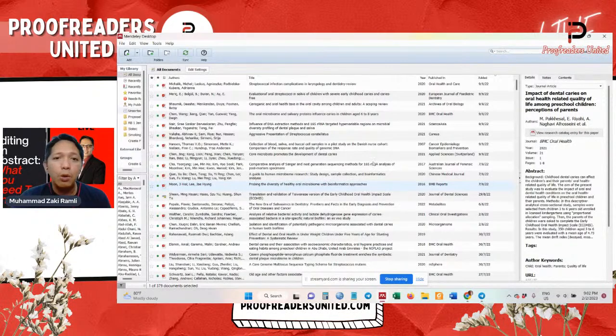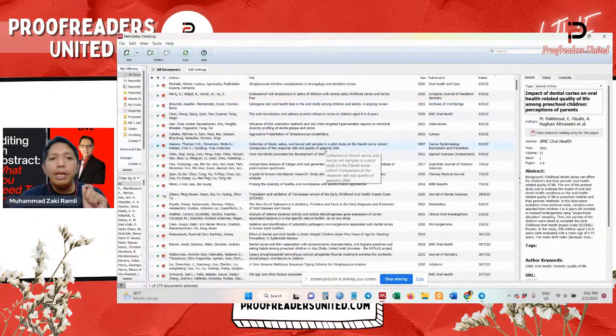That's why you will be seeing a lot of the words caries and preschool children, and I'll be checking the published abstracts that are available in my Mendeley.